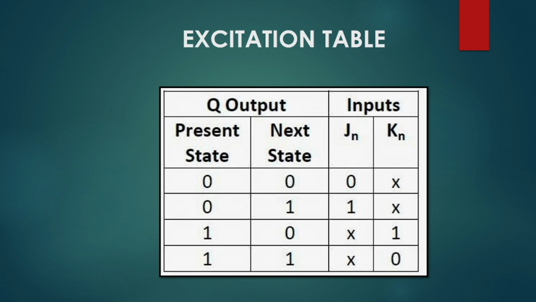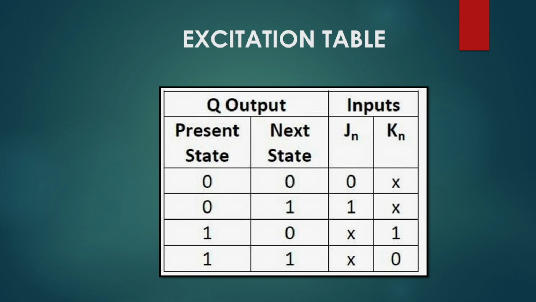This is the excitation table which contains the Q output and the inputs J and K. To find J and K, we need to use the present state and the next state for each output that has been provided. So here, the present state is 0 and the next state is 0.